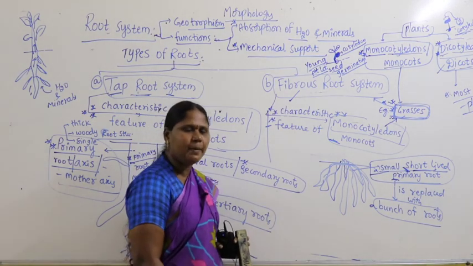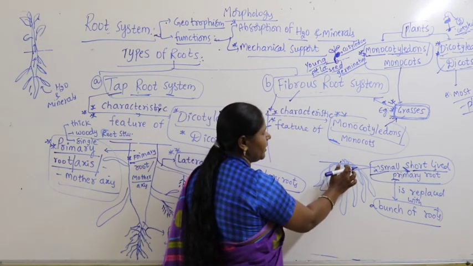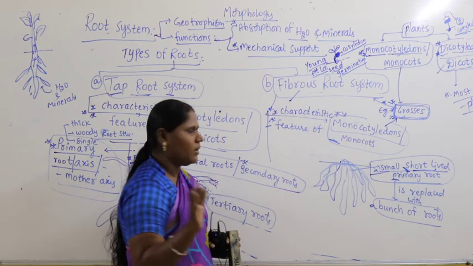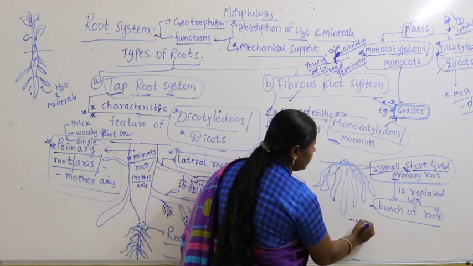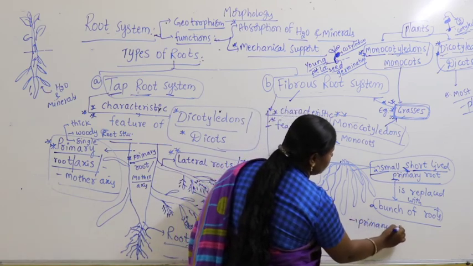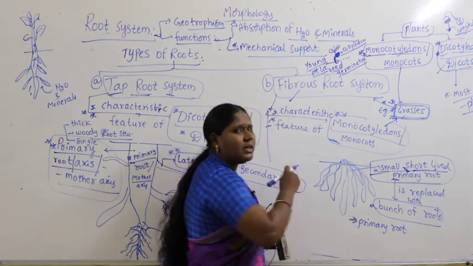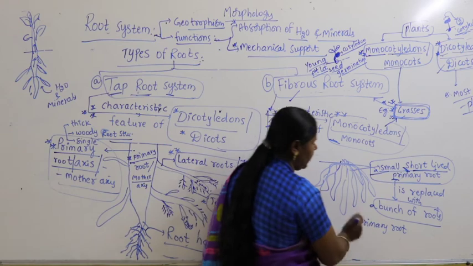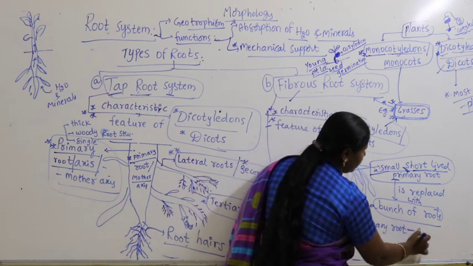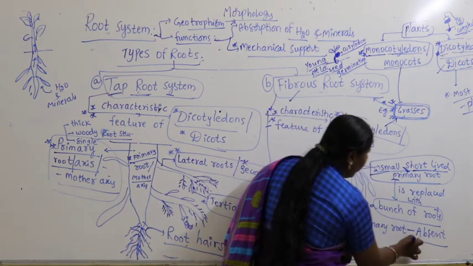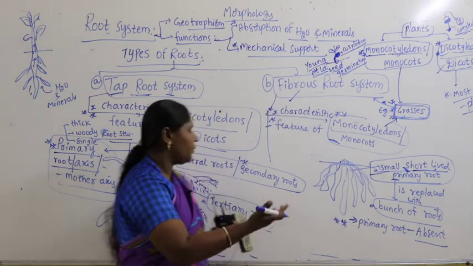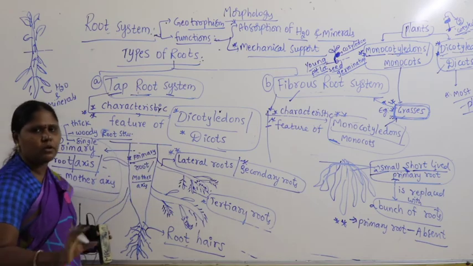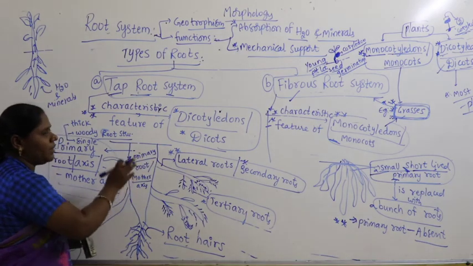That means finally the small root will disappear. So no more primary root. When you compare taproot and fibrous root, we say primary root is absent. Why do we write primary root is absent? You cannot find a thick woody main axis.